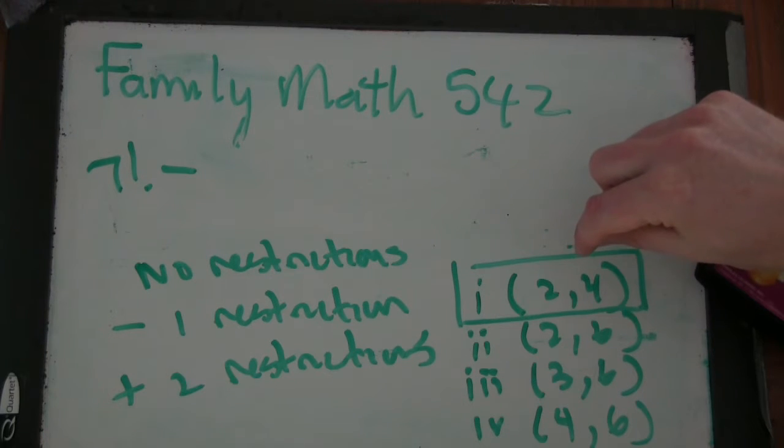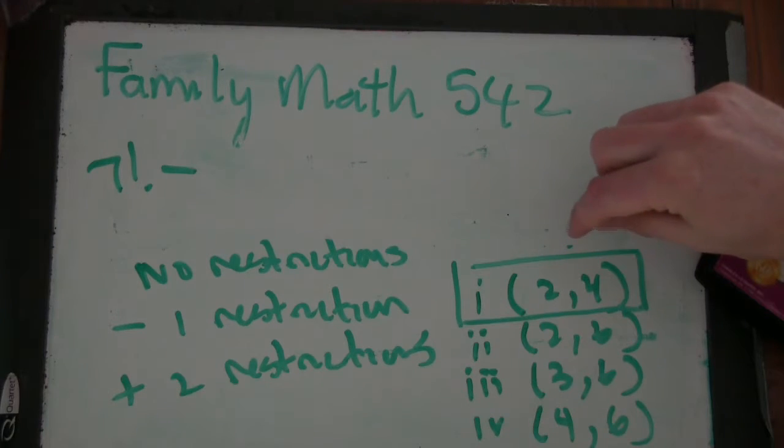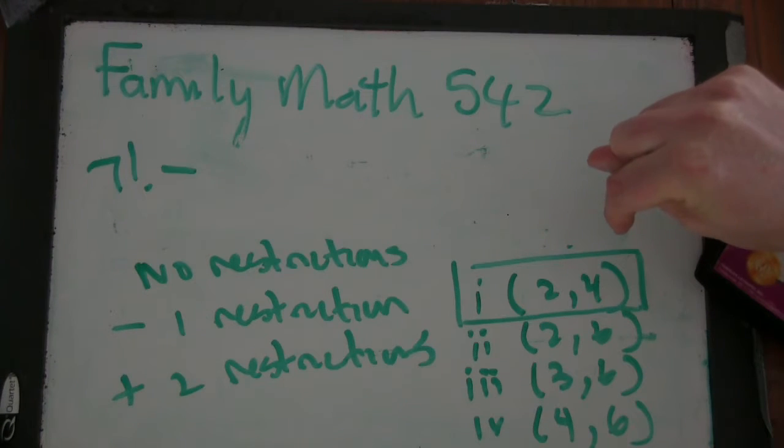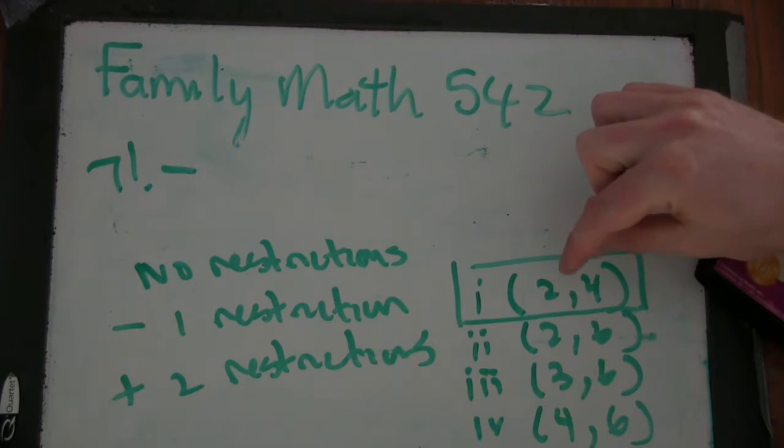It's 6 factorial. And then there's one other thing with the 2 and the 4. You have to multiply by 2 in this case, because you can flip the 4 and the 2, and they're not the same case.